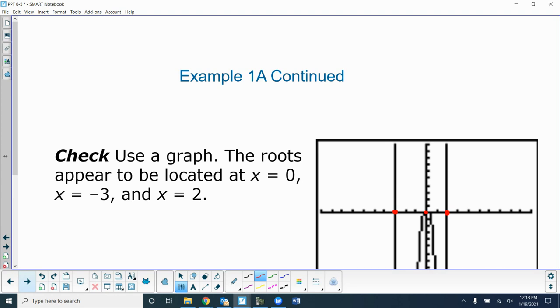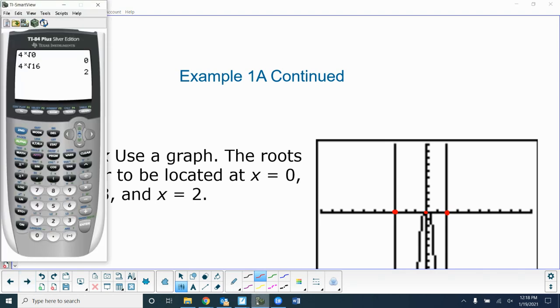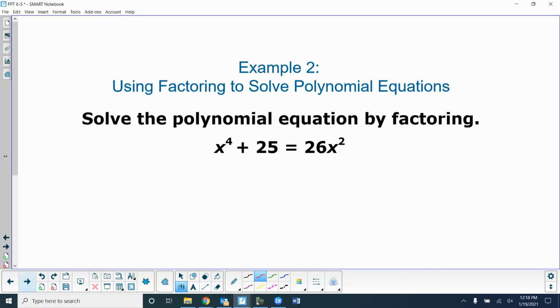You understand that? So if you're getting stuck, because some of these are pretty tough to factor, just put it in there, y equals, graph it, okay? And see what those numbers are. Where could I make sure that those are the numbers that work? Table, right? All right, we'll do one, and we'll go through it, all right?